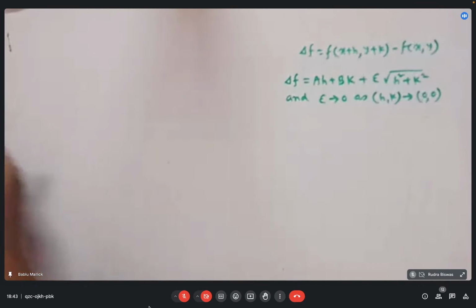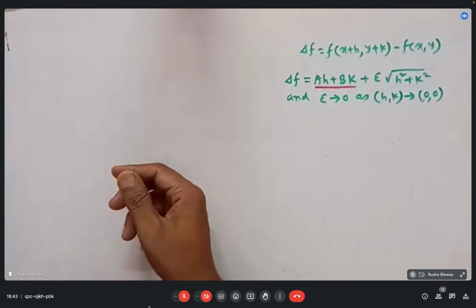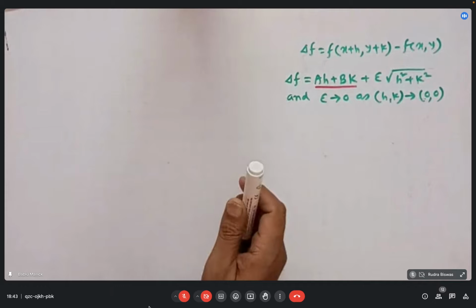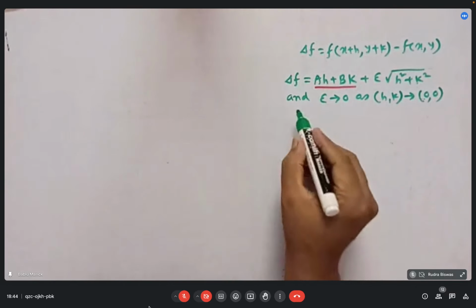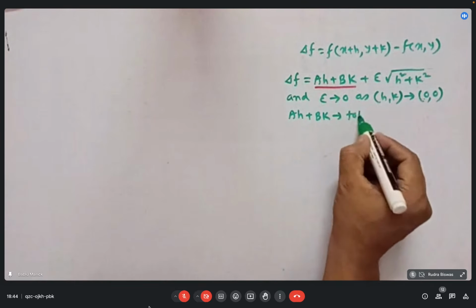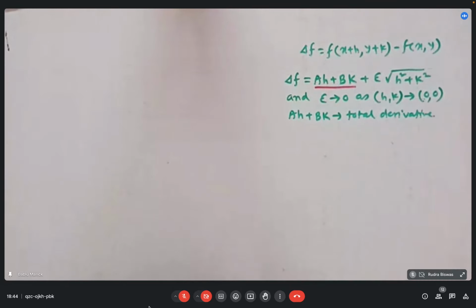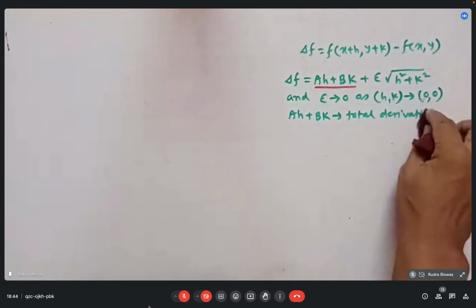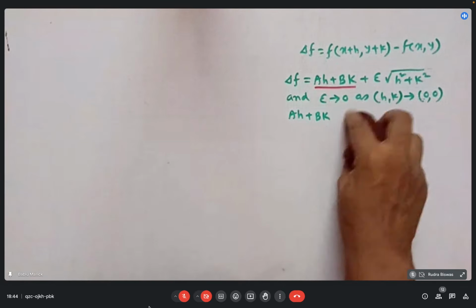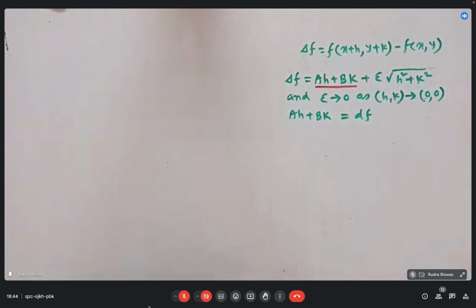Now this part, A h plus B k, is called the total derivative, and it is denoted by df, the total derivative.